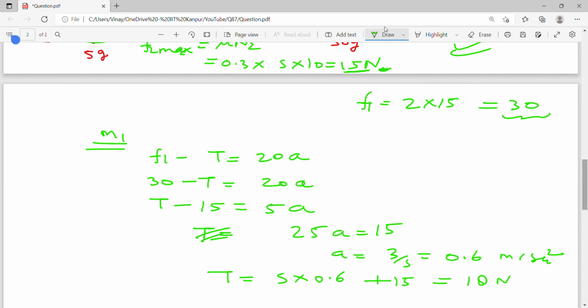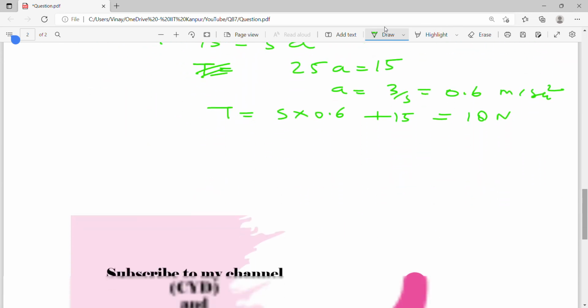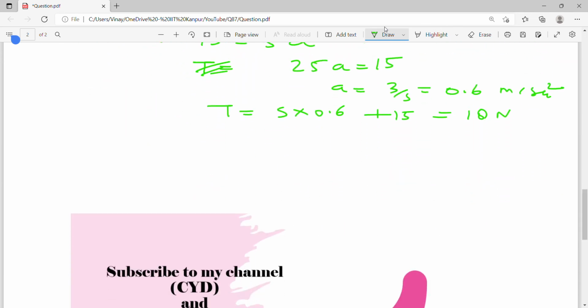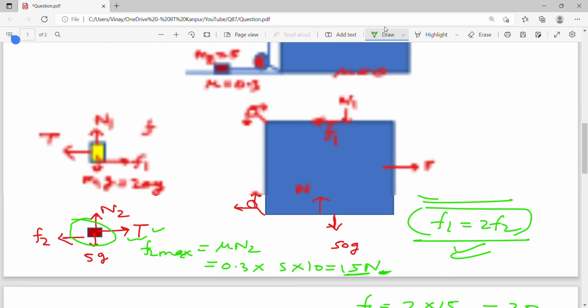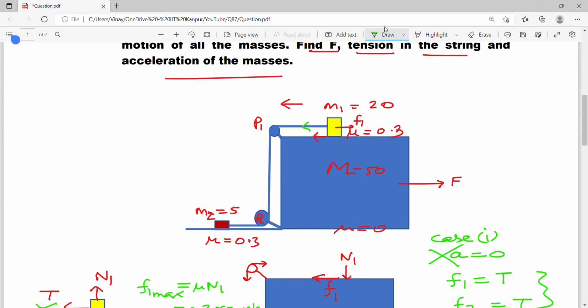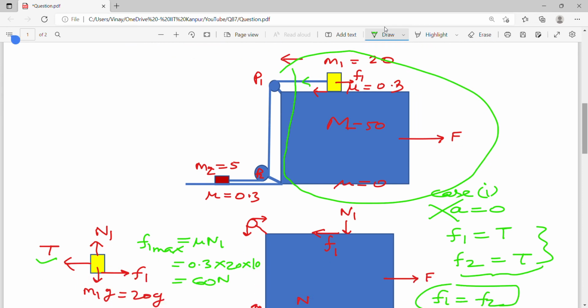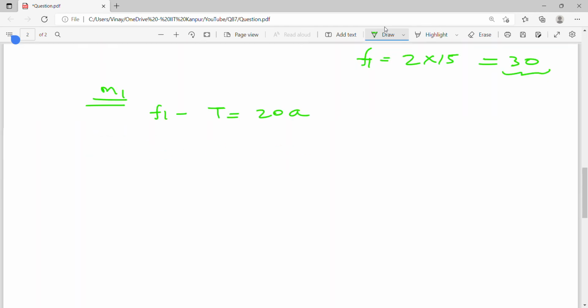Now if you consider M1 plus capital M as a system and apply Newton's second law, then the friction between them are internal forces. So F1 becomes internal. This is your system, and both masses are moving with acceleration A. What will you have?